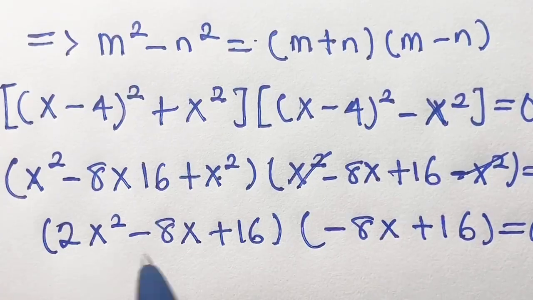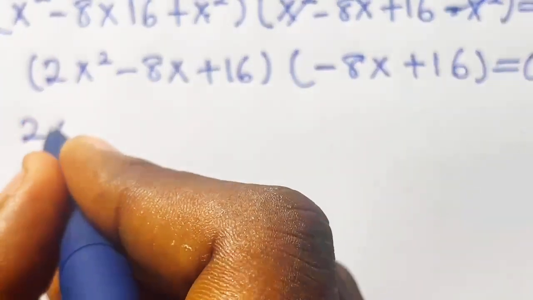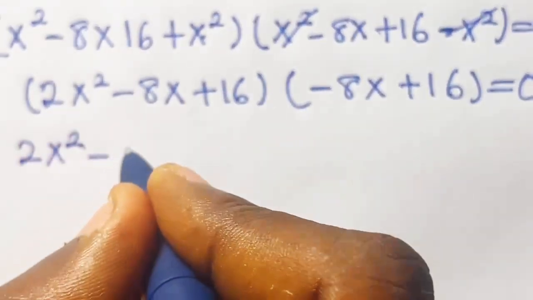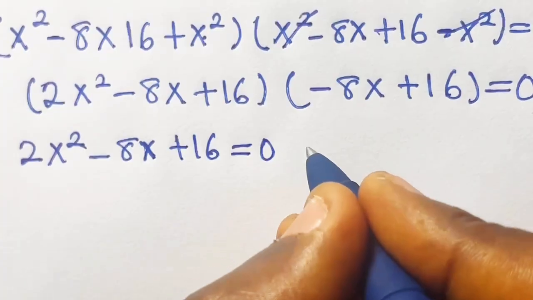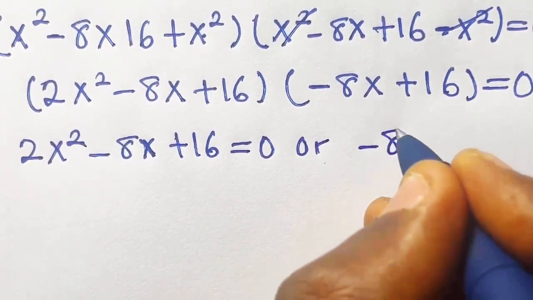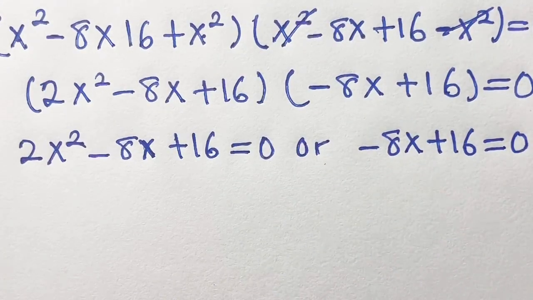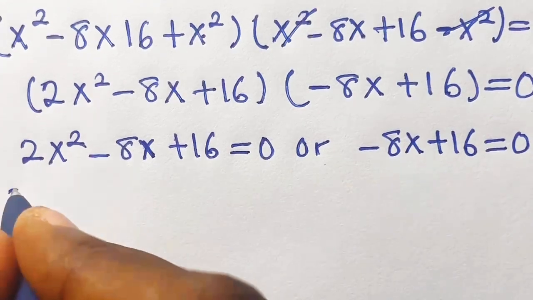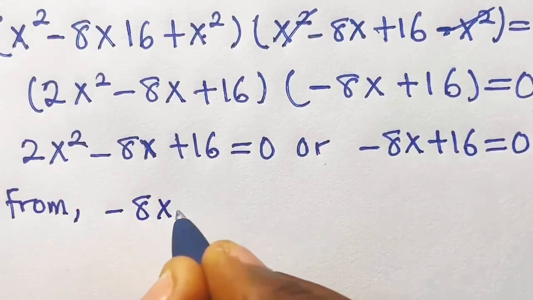What this implies is that this equals 0 and this equals 0. So we have 2x^2 − 8x + 16 = 0, or −8x + 16 = 0. Let's go by the second case, −8x + 16 = 0.